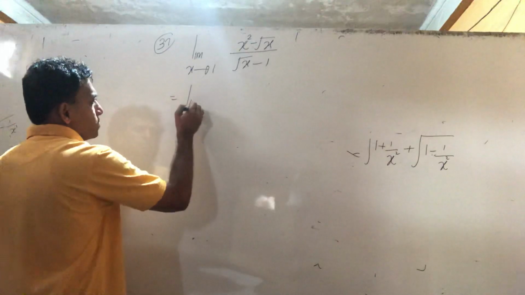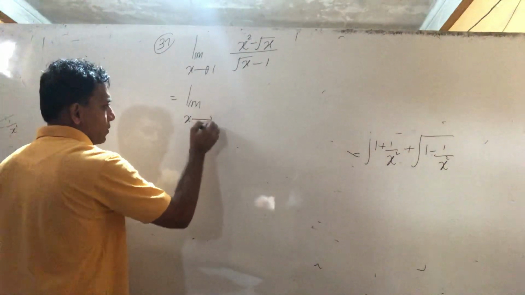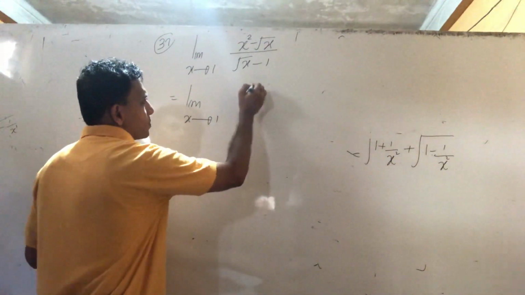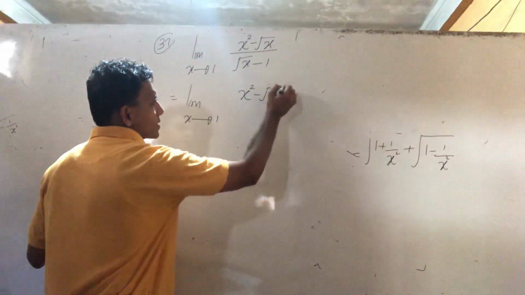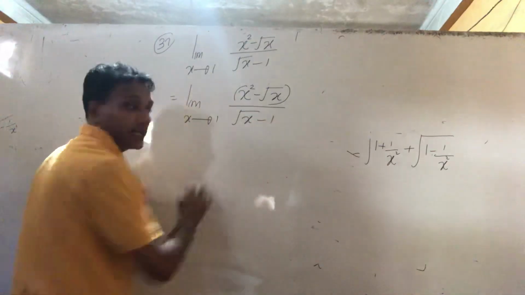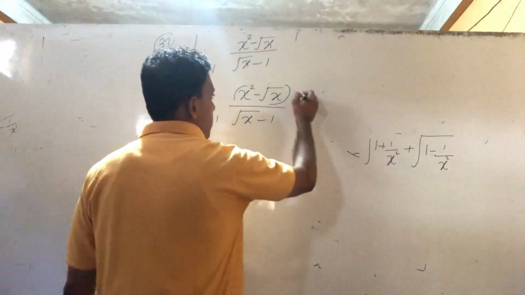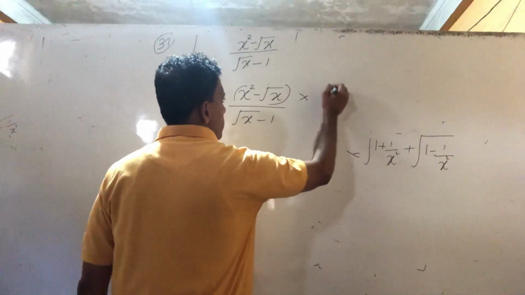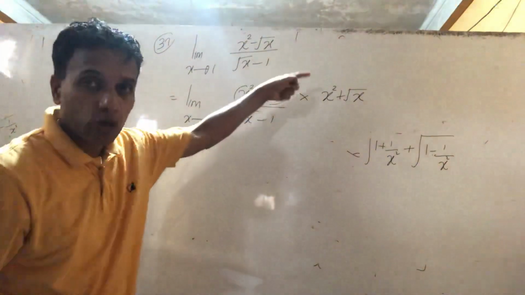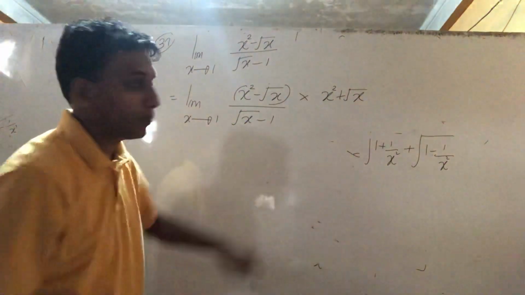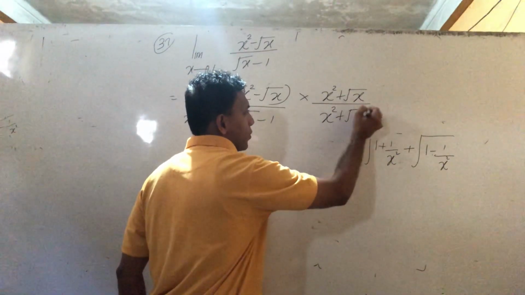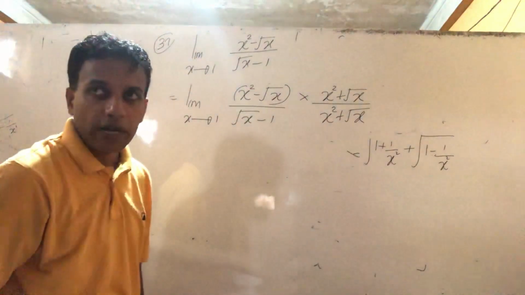So limit x tends to 1 of (x square minus square root x) over (square root x minus 1). Then you multiply above by x square plus square root x, the conjugate of the numerator, and the same below.